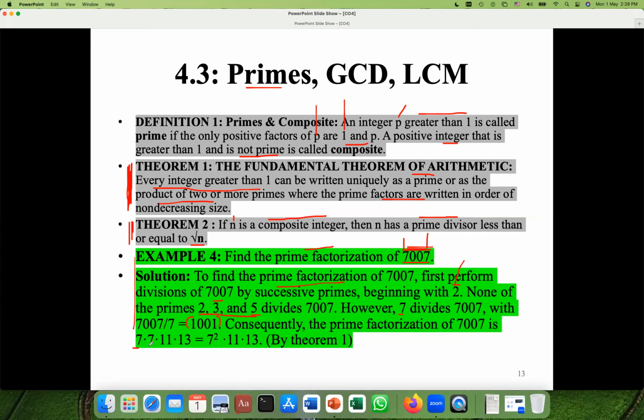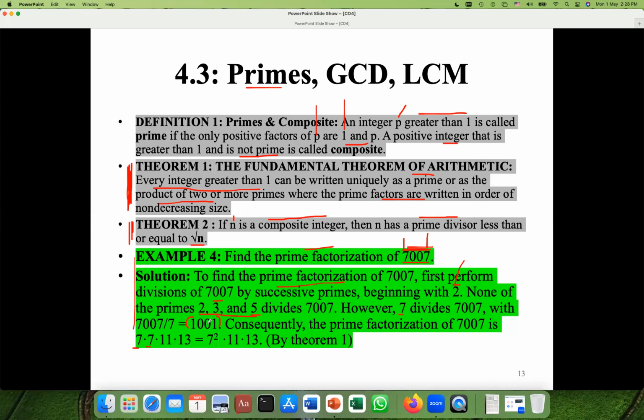So with 7 again, you are going to divide that one, and what is the result? 1, 2, 3. 143. 143, yes.